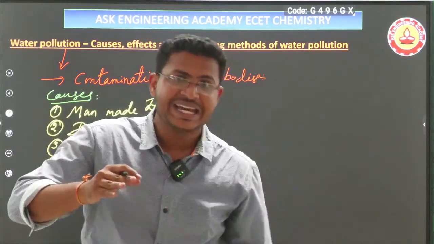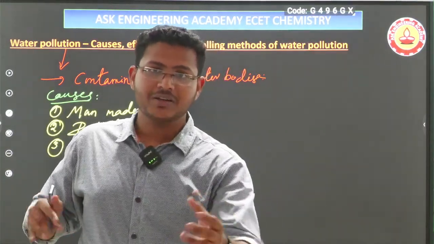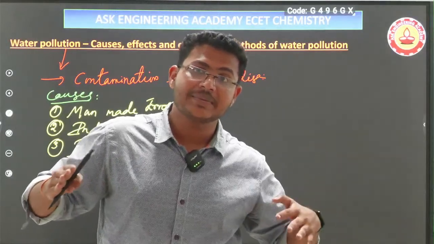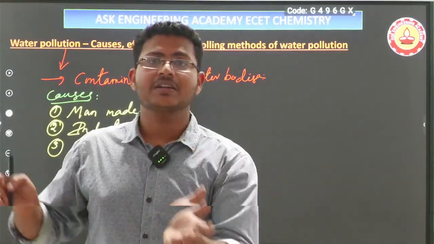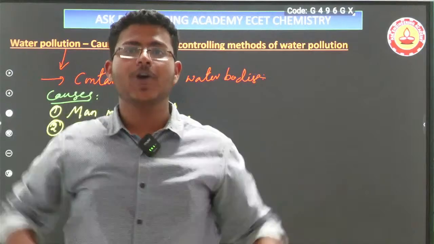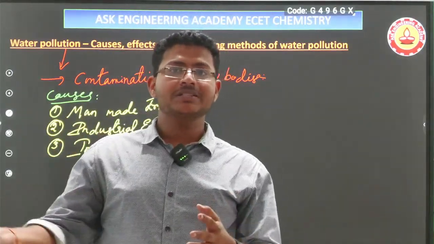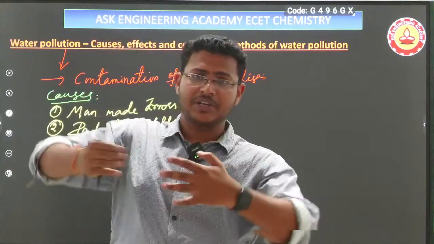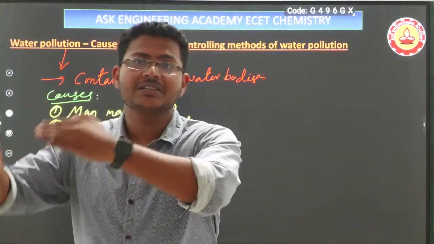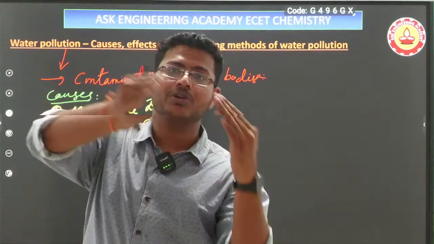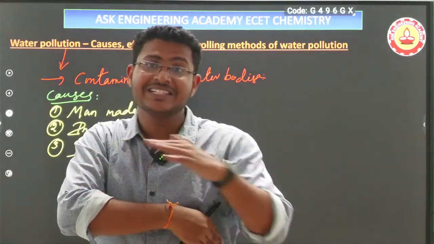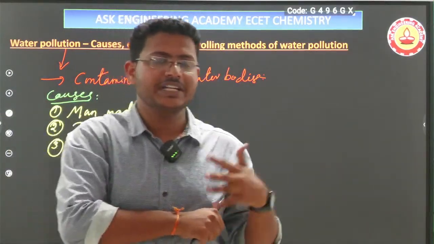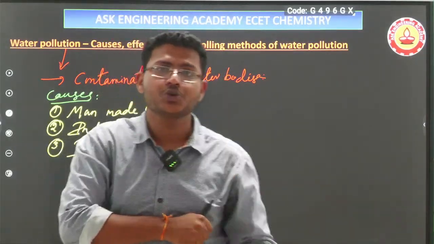So whenever we are irrigating the land, through that water, the chemical substances are also getting transferred from one place to another place, and finally it reaches huge water bodies. When that water is consumed by fishes or anything, and that fish is consumed by us, all those chemicals are accumulating from one organism to another organism through water. This is called eutrophication. It is not important to you, but it is called eutrophication.